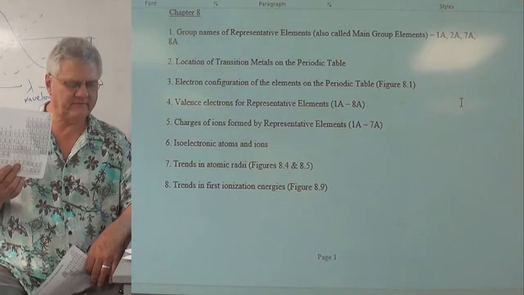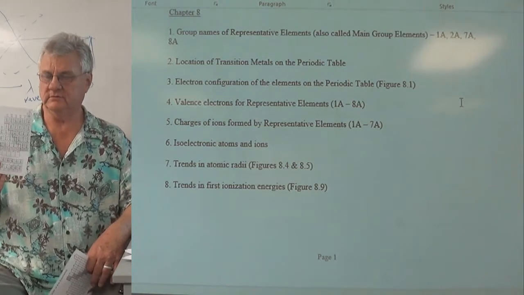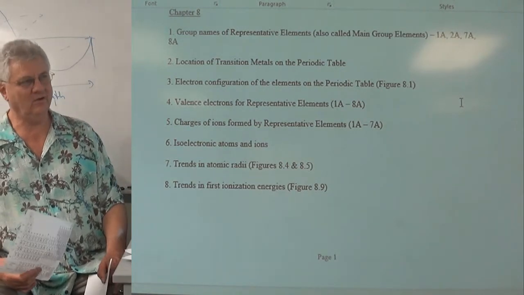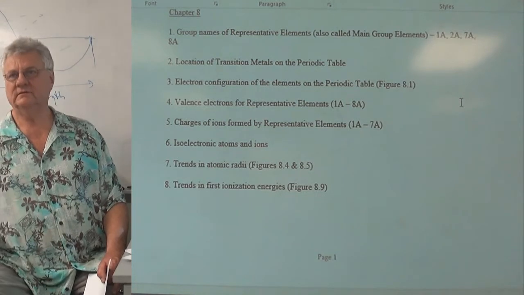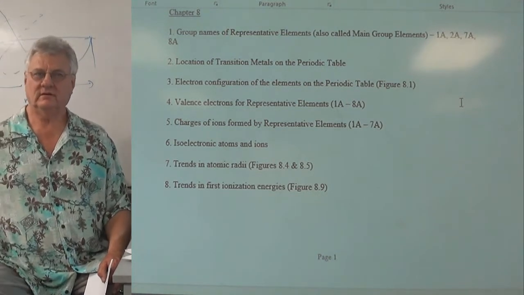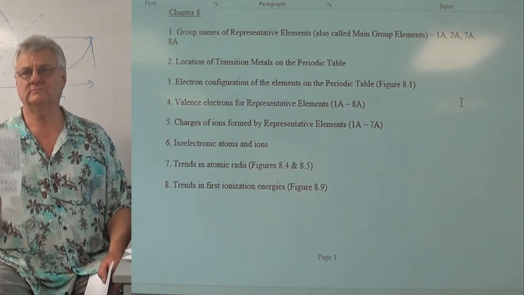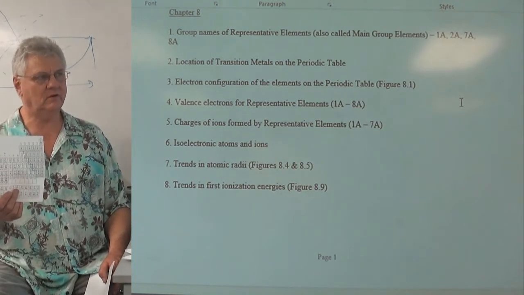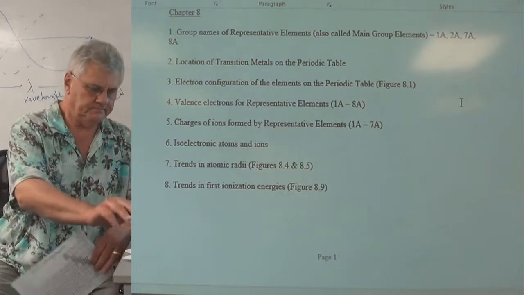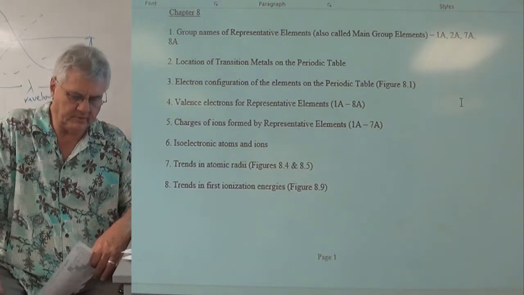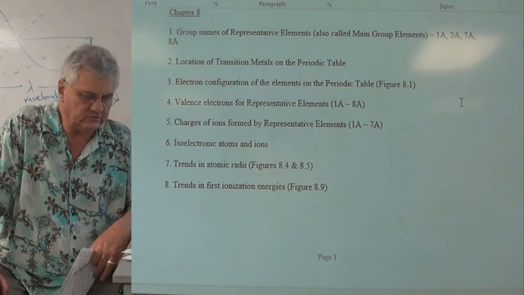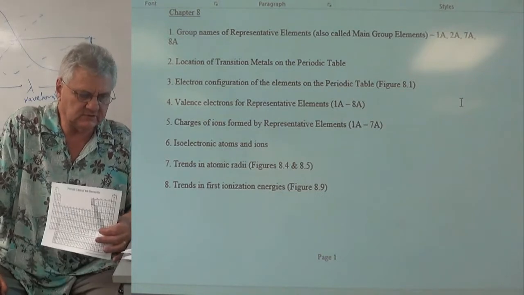We only talk about valence electrons for the main group elements. When you've got unfilled d orbitals, the transition metals, the ions they form and so on are not as easily predictable.